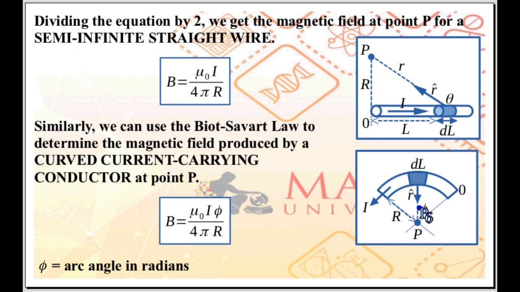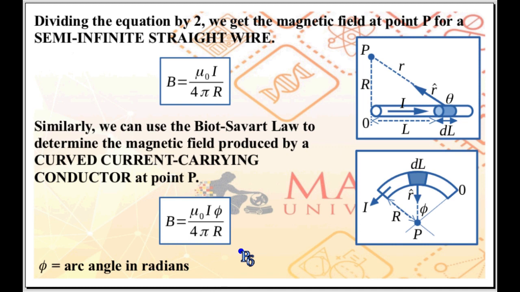We convert dl into d phi, and we integrate d phi to form the whole arc, to form the shape of the conductor, and we get the following magnitude of the magnetic field at point P. Distance r, radius of the arc, distance r from the conductor. B is equal to mu naught I phi over 4 pi r, where phi is the arc angle, and it must be in radians.